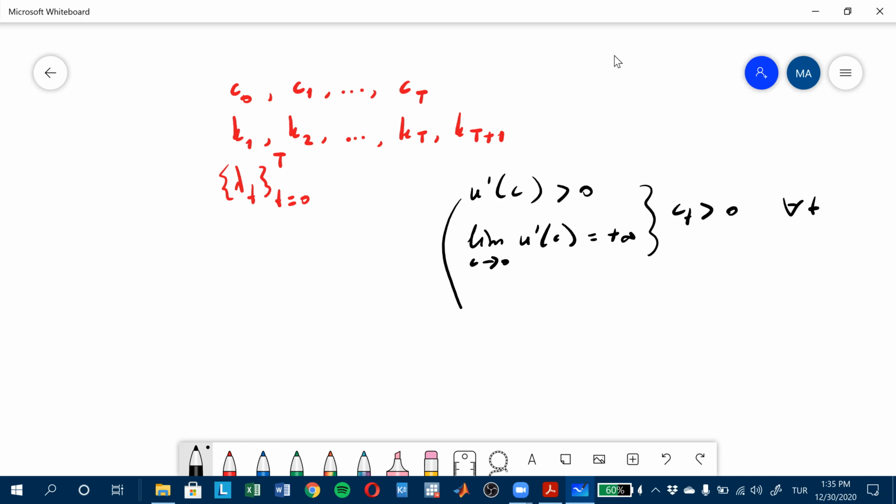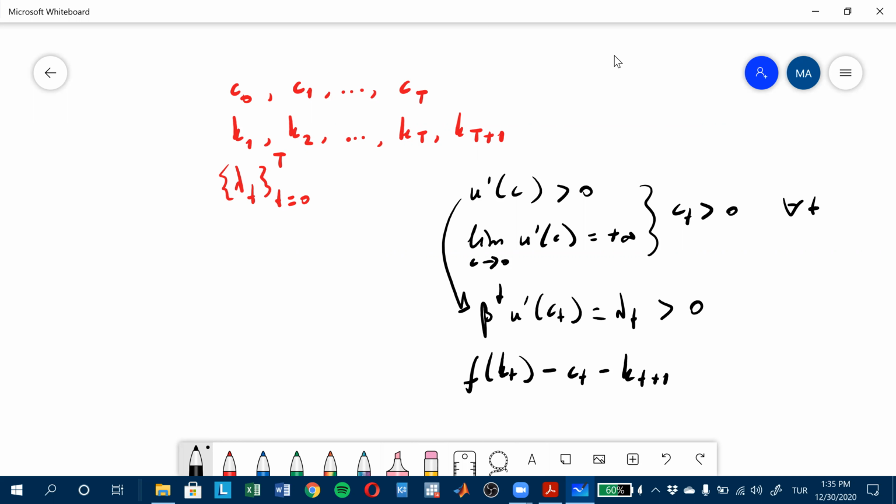Then you also have, from the first equation, U prime of c_t equals lambda_t. So this tells you that lambda_t is always positive, which means your constraint holds with strict equality.